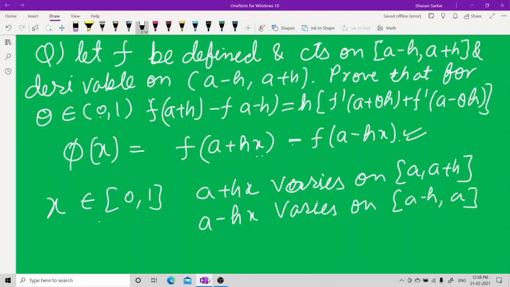Put x equal to 0, you will get this and this. Put x equal to 1, you will get this and this. This is the way.